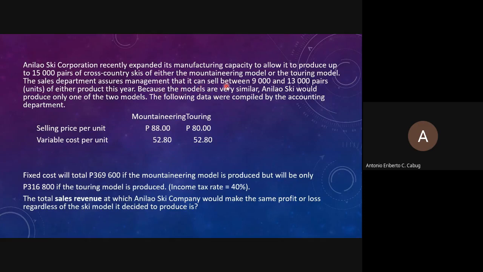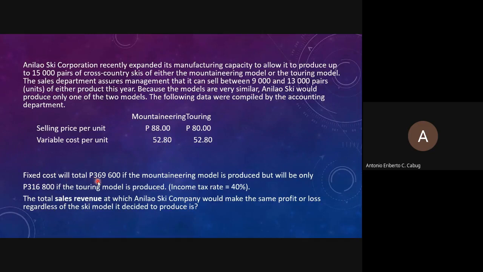Because the models are very similar, Anilowski would produce only one of the two models. The following data were compiled by the accounting department. So you have a different price for mountaineering and touring. Mountaineering would give you a price of 88, touring 80. Both of them each has a variable cost of 52.80.